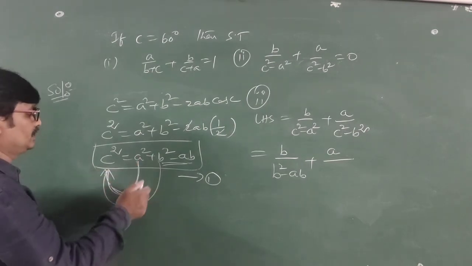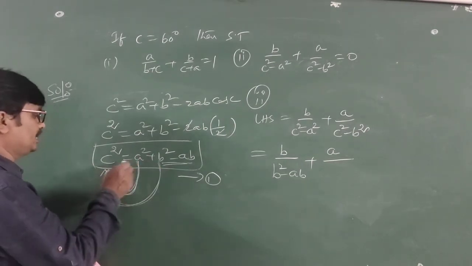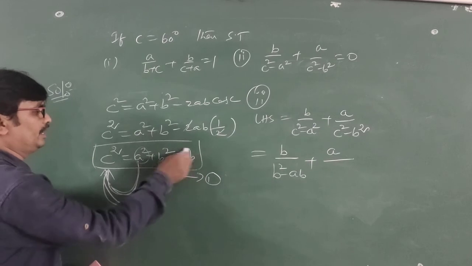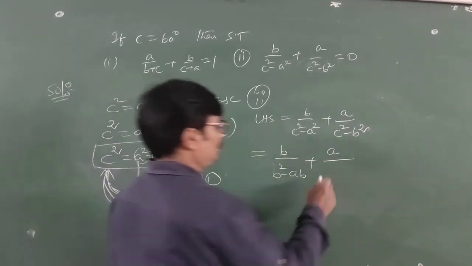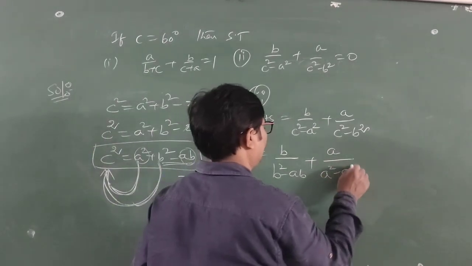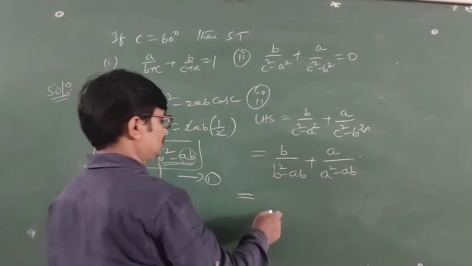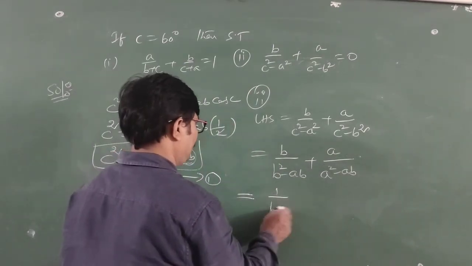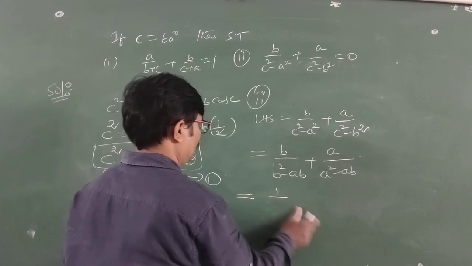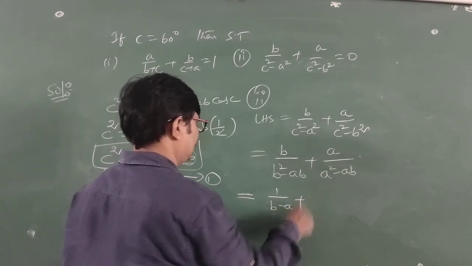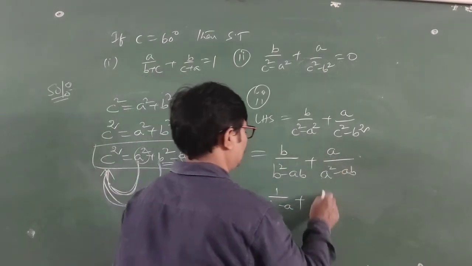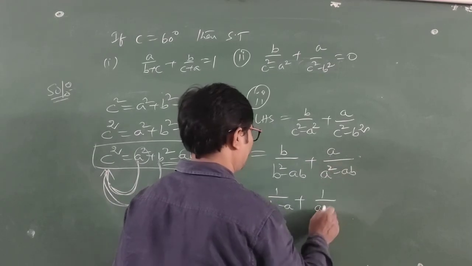How to write, students, c² − b²? What remains is a² − ab. Now students, b cancels, giving 1/(b−a). Now a cancels, giving 1/(a−b).